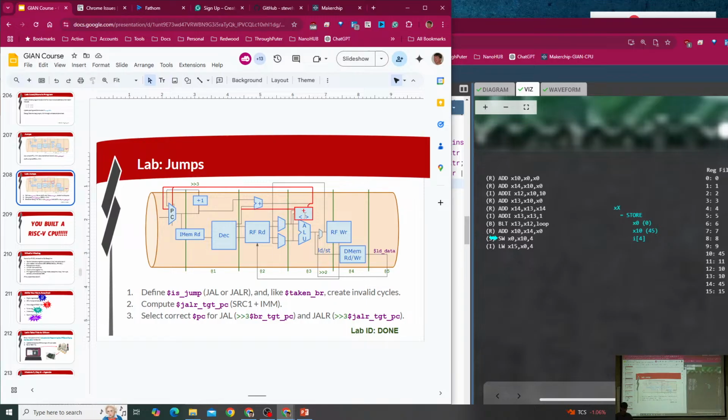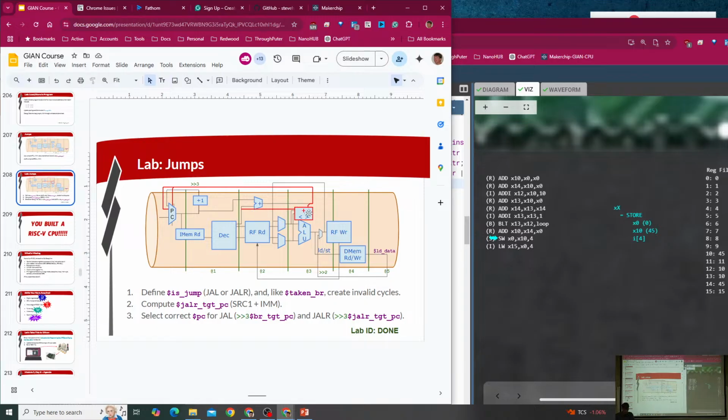We need to add this calculation for source 1 plus immediate for JALR. So you'll compute this JALR target PC. We have the branch target PC, and you already have this expression for it. We can use that for JAL.